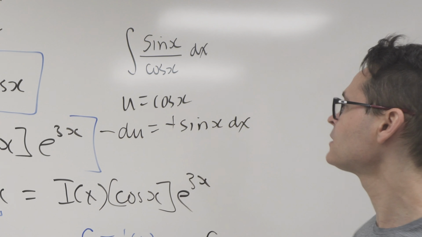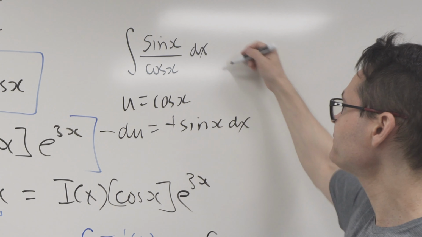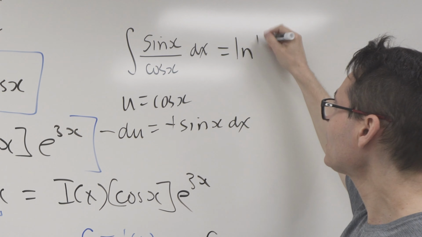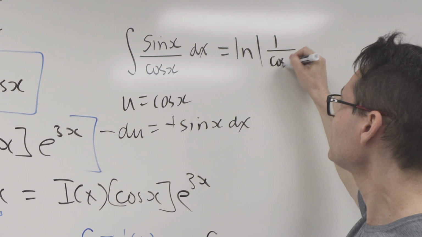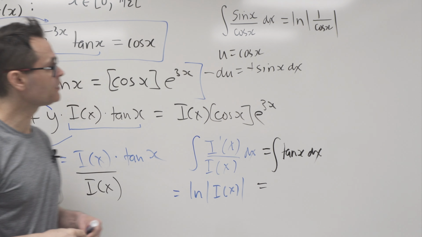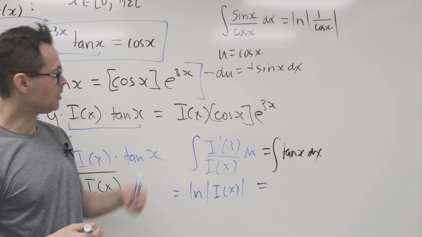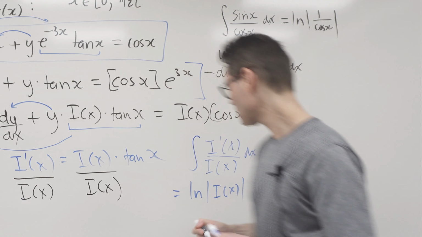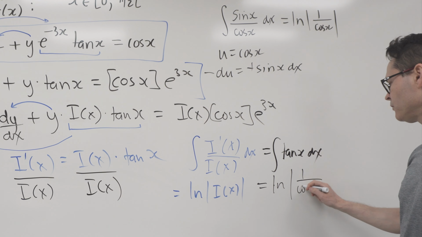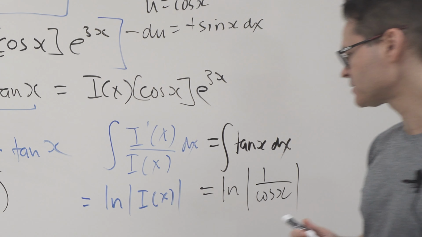And what you're going to find is when you do that substitution, that's just simply equal to the ln of 1 over cos x. So a little bit of work and you'll get 1 over cos x all lned. So on this side here, I'm going to say the ln of 1 over cos x.